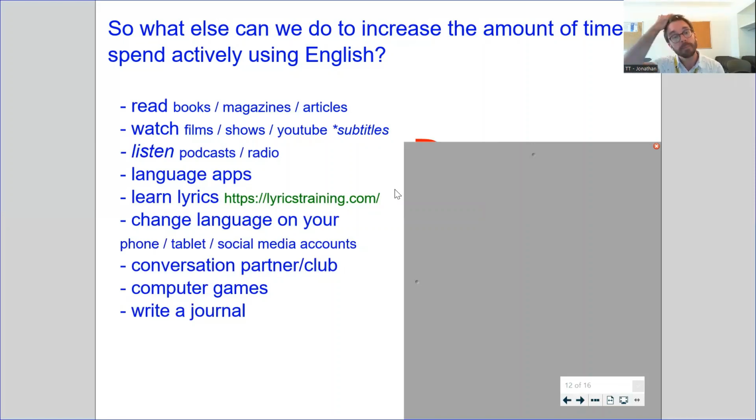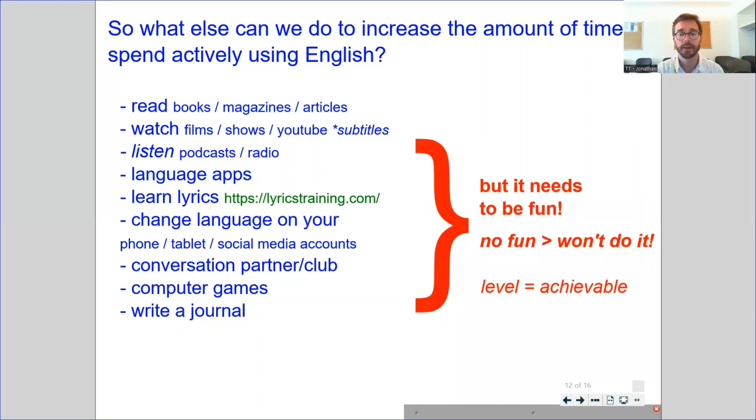And going back to the example we saw at the beginning, keeping a journal. Writing is a really, really good practice. Just a little bit every day will force you to practice the most common types of vocabulary and grammar. But big problem, it needs to be fun, okay?